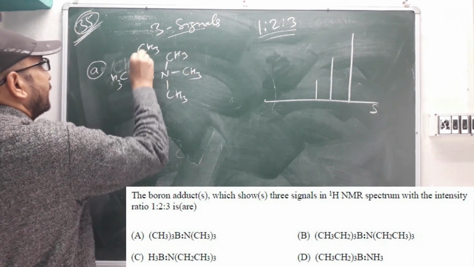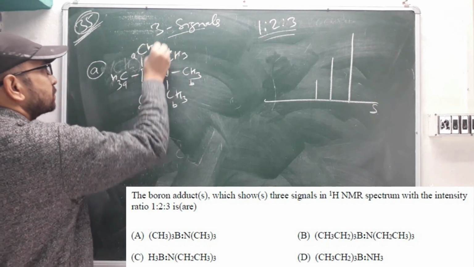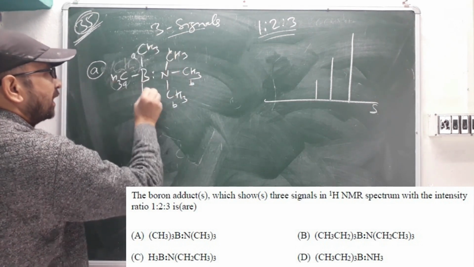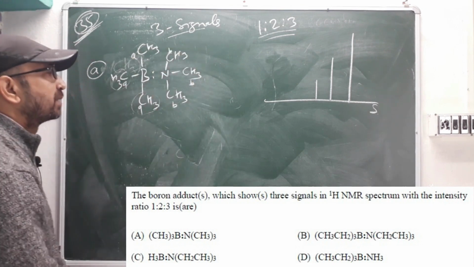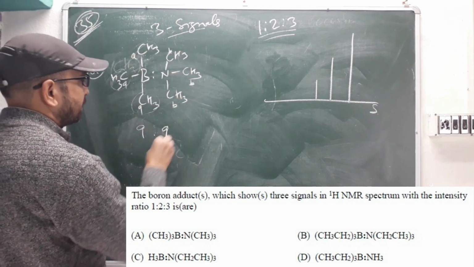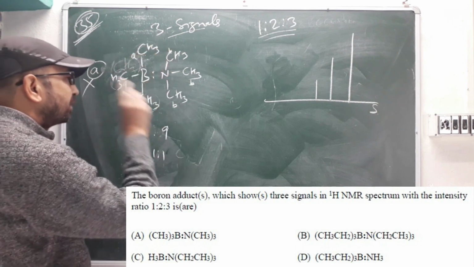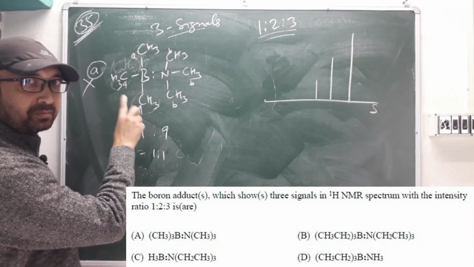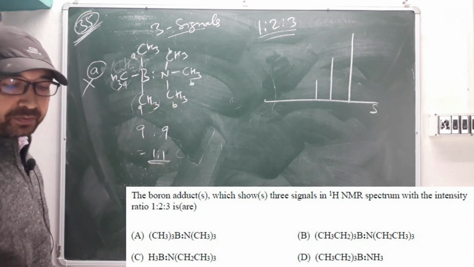You see A, this will be B, B, B. This environment and this environment are the same, and this environment is also the same. So this 3 will be one type, this 3 will be another type. 9 is to 9, it means 1:1. First of all, it has only 2 signals, and that ratio is also 1:1. So option A won't be correct.